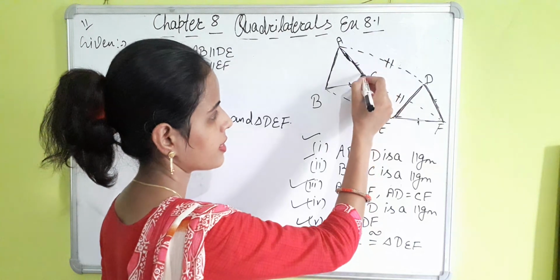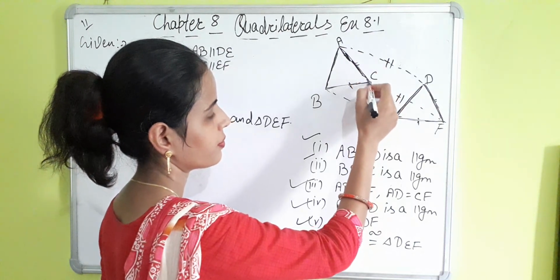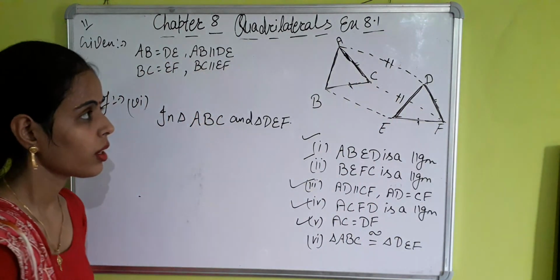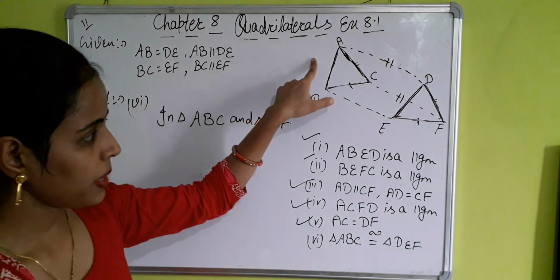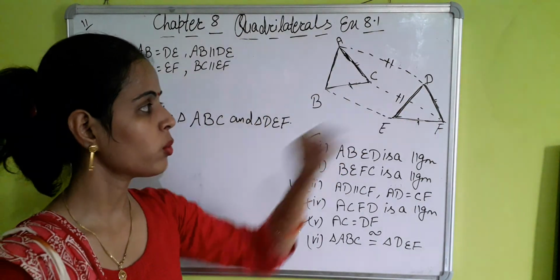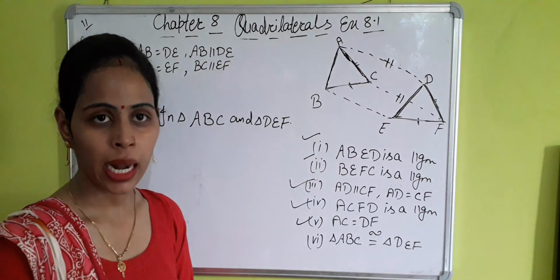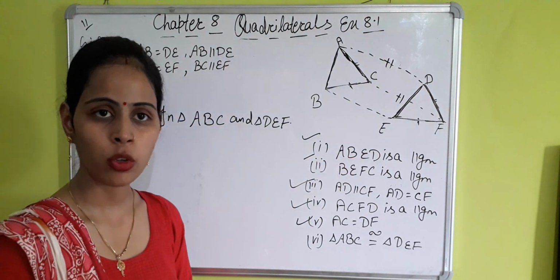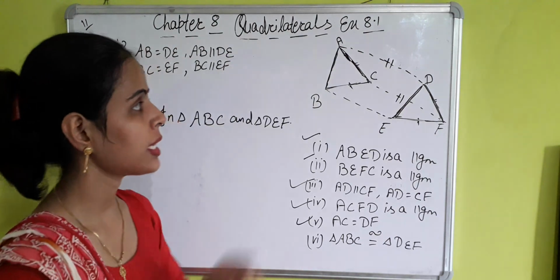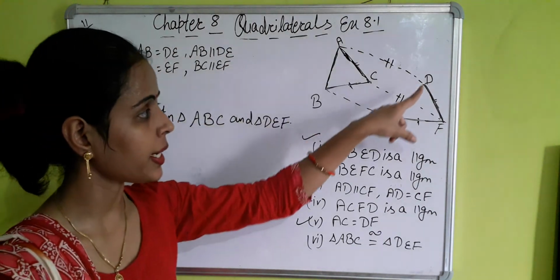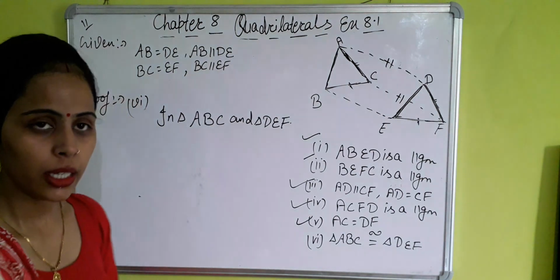These two triangles. In this triangle ABC, AB is equal to DE. Why? Because ABED is a parallelogram. In a parallelogram, opposite sides are equal. So we can say that AB side of this triangle and DE side of this triangle are equal.